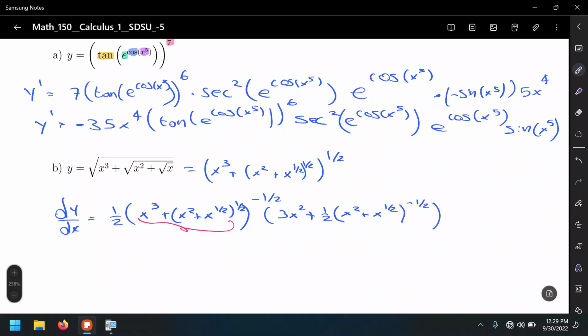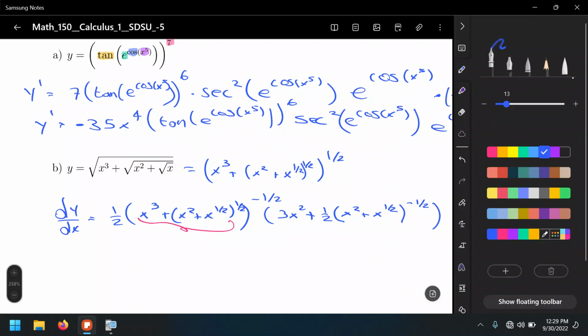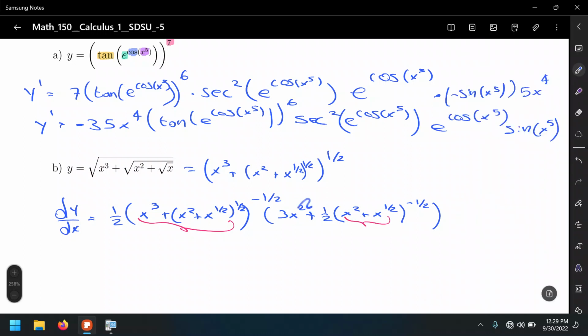Alright? Now we need to keep differentiating this, and then the next thing to differentiate is this part right here. Be careful not to differentiate the whole thing, only the quantity inside of the parentheses. Well, in this case, that needs to be differentiated here. The derivative of x squared, 2x.